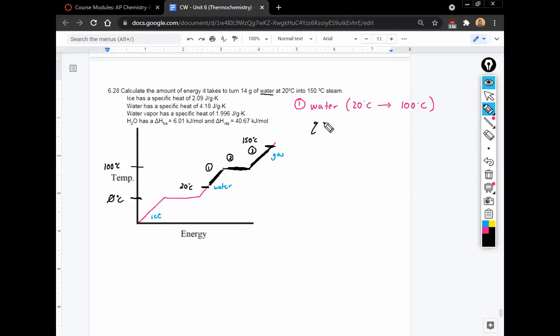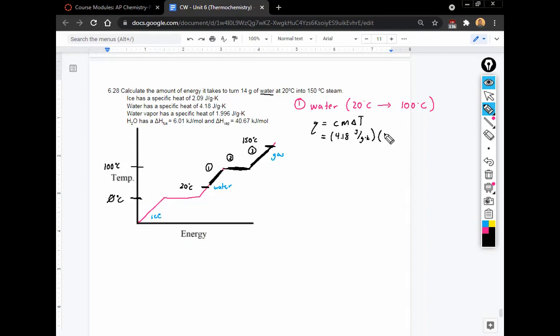We just need to use the heat formula. So Cm delta T. Okay, we're looking for heat, so we just need to plug in the values for Cm delta T. Okay, what's the specific heat of water? Yeah, it says it right here, 4.18. So we're going to plug in 4.18 joules per gram Kelvin.